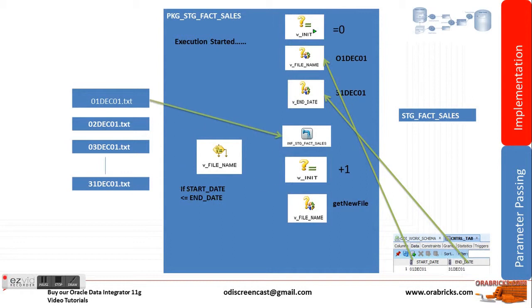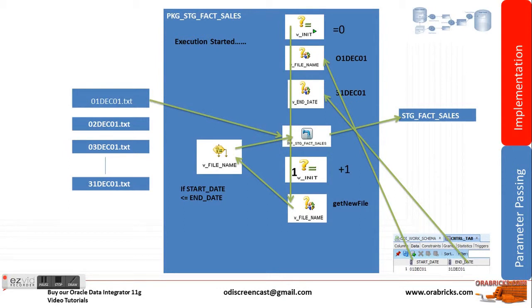Now since your v_file_name is 01 December 01.txt, your interface will read the data from the 01 December 01.txt file and populate STG fact sales. So the flow will continue. Now v_init value becomes 1, because that is an incremental variable.